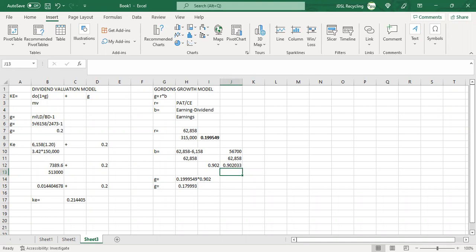I can't hear him clearly. Yeah, I guess his network is a bit of a problem. All right, I think I get part of his question. The question is R is equals to PAT, profit after tax, divided by CE. Your CE represents your capital employed. Is that clear? His network is still not stable.